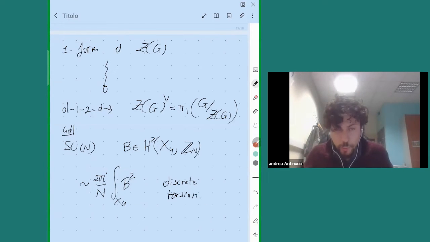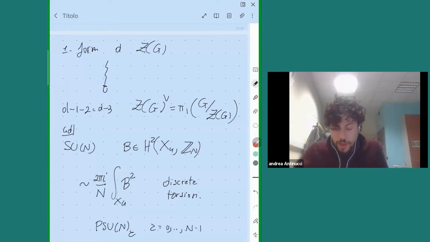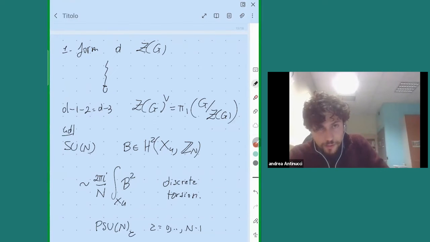And so what you will produce is not really the PSU(N) theory, but a slightly different version of the PSU(N) theory, which is called PSU(N)_r. This r will take values from 0 to N minus 1. And this parameter in the PSU(N) theory will play the role of a discrete theta angle. So now, basically, the theta angle in PSU(N) is no longer 2 pi periodic, but it is 2 pi N periodic.